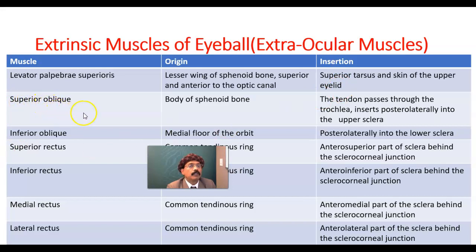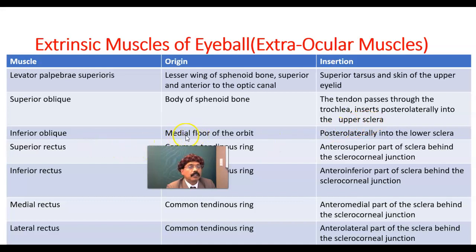Superior oblique originates from the body of the sphenoid bone. The tendon passes through the trochlea, a fibrous pulley, and inserts posterolaterally into the superior part of the sclera.